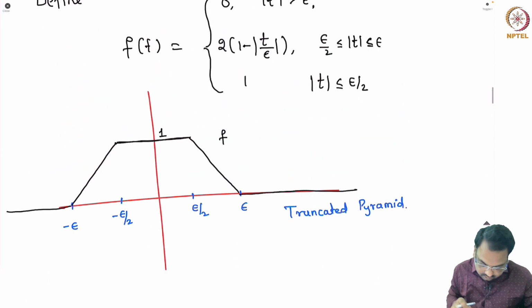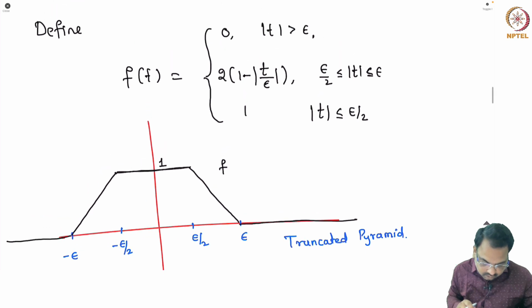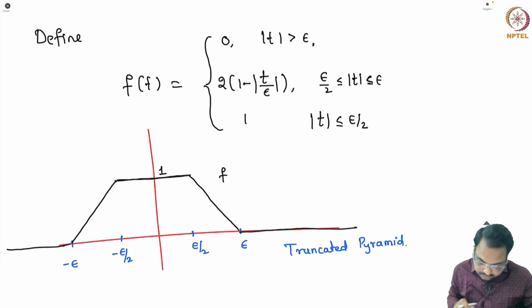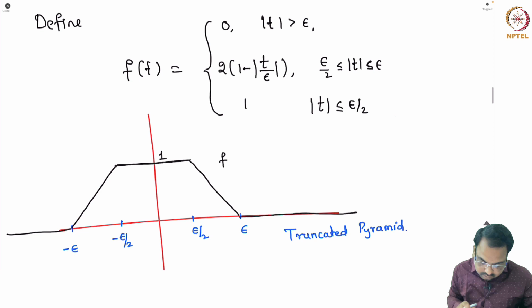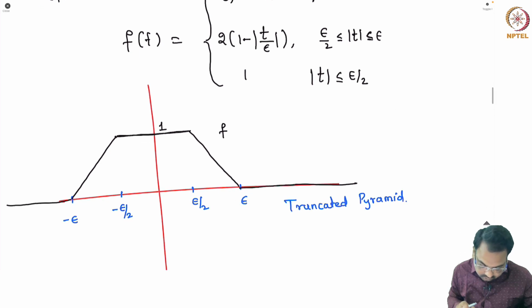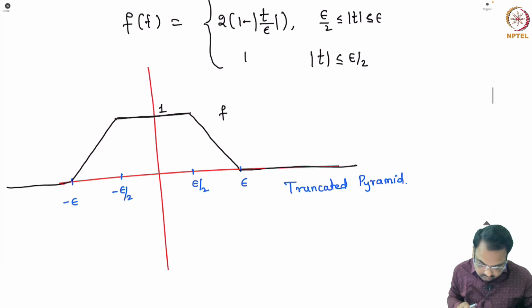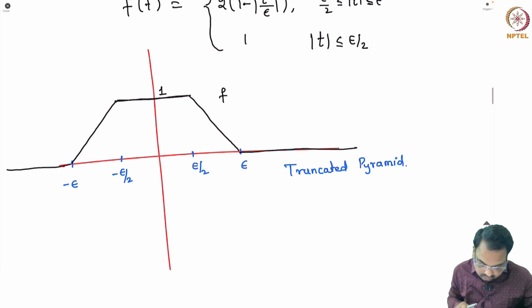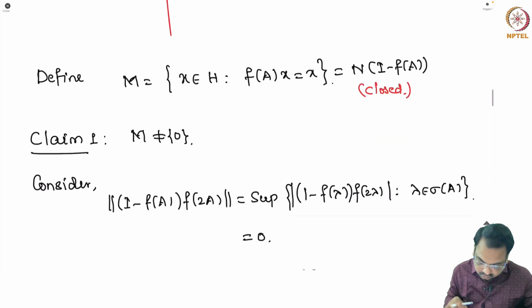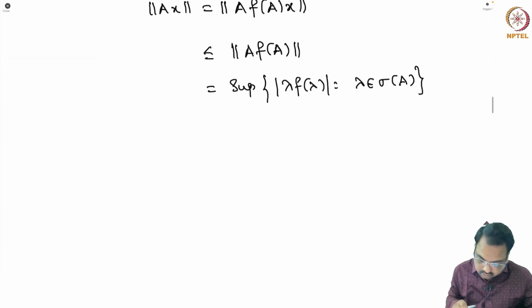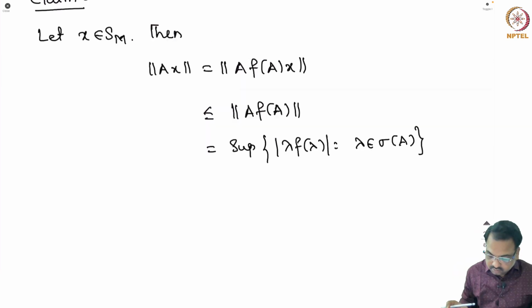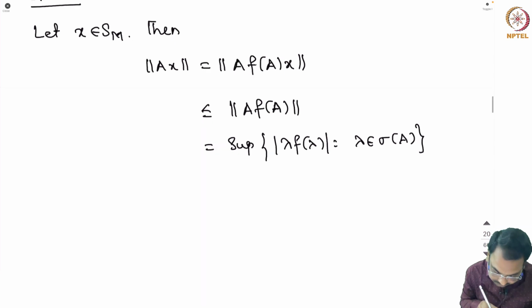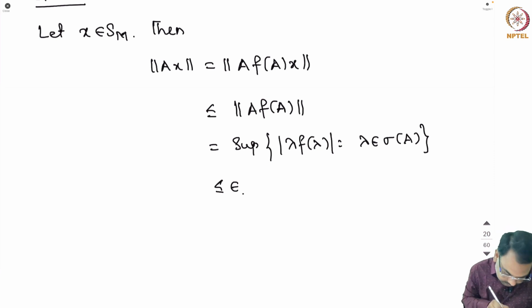Let us look at lambda into f lambda here. So, from that we can say that mod lambda into f lambda is less than or equal to epsilon.